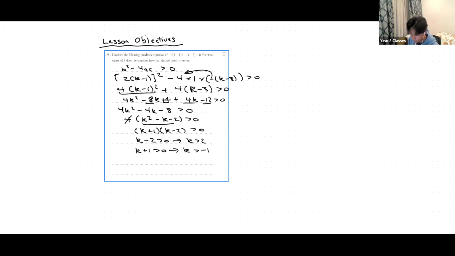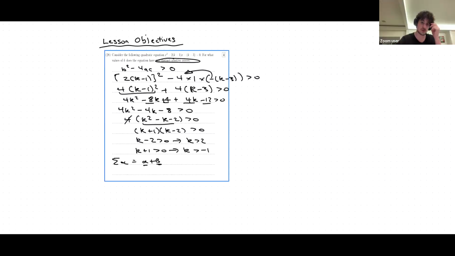If you look at the sum of roots, alpha plus beta, because it tells you that you have distinct positive roots, if you sum your roots, these must both be positive, so this has to be greater than 0. And if we sum our roots, where our roots should be, one sec.